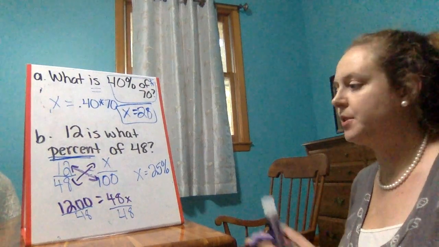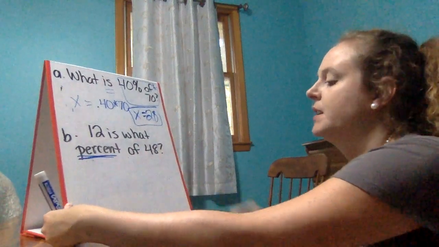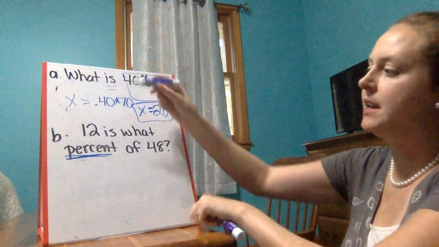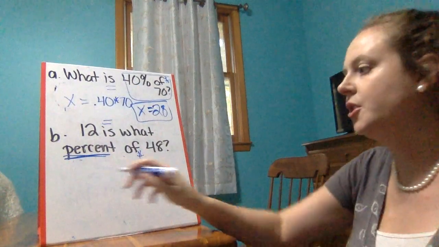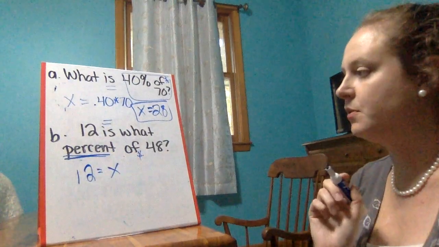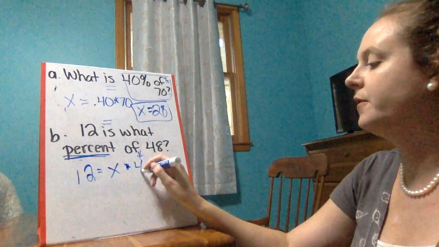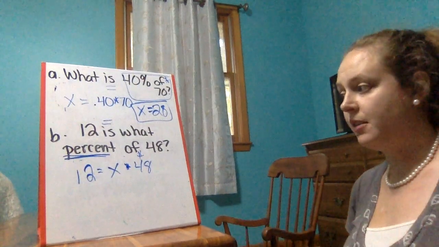I'm going to do another number sentence for this one as well. Again, is equal sign, and of means multiplication. So 12 is what is my x? What percent of 48? Got to solve for x.